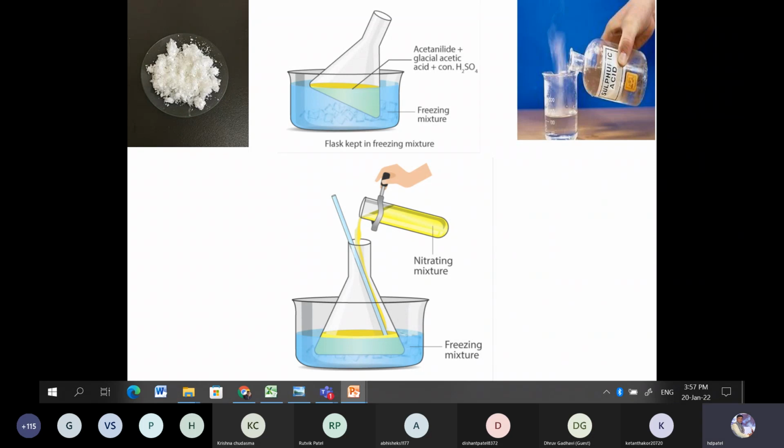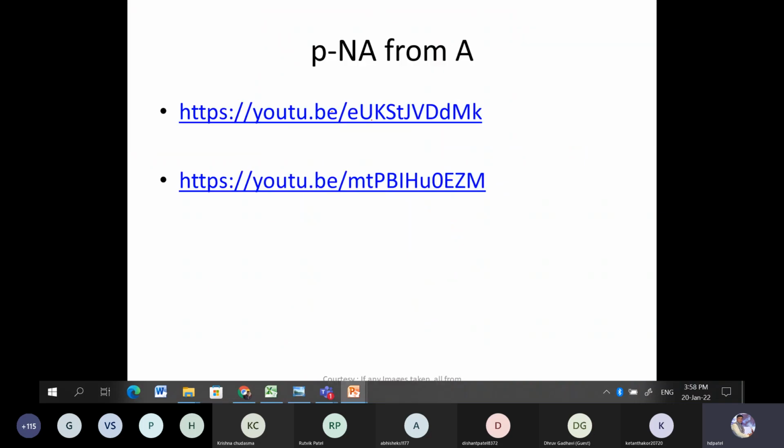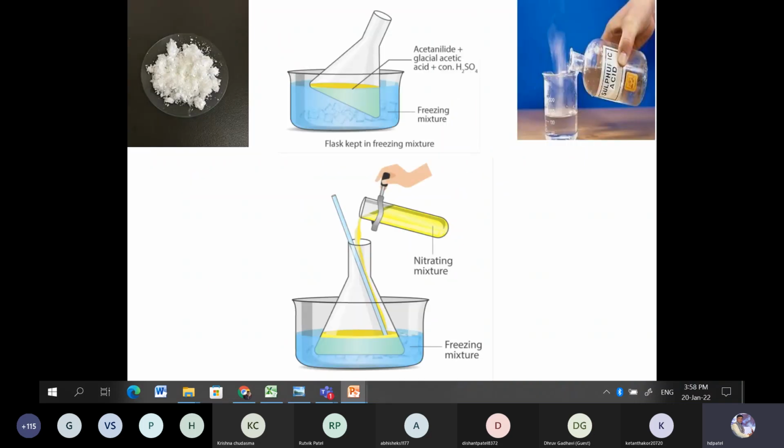After complete addition and mixing of the reaction mixture, we have to stir it for 20 to 30 minutes at low temperature only. After that, we can take the flask out of the freezing mixture, and then pour the reaction mixture onto ice water or crushed ice, or you can directly add crushed ice into a beaker.